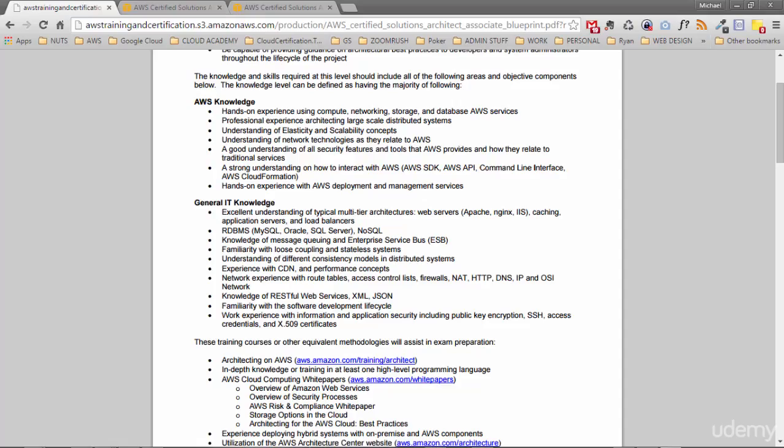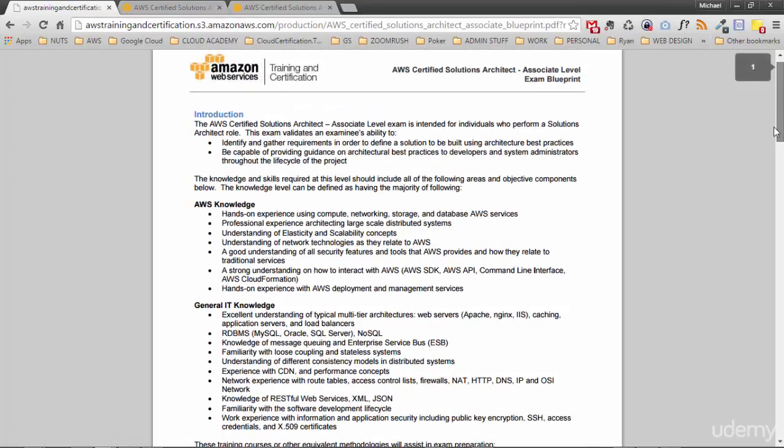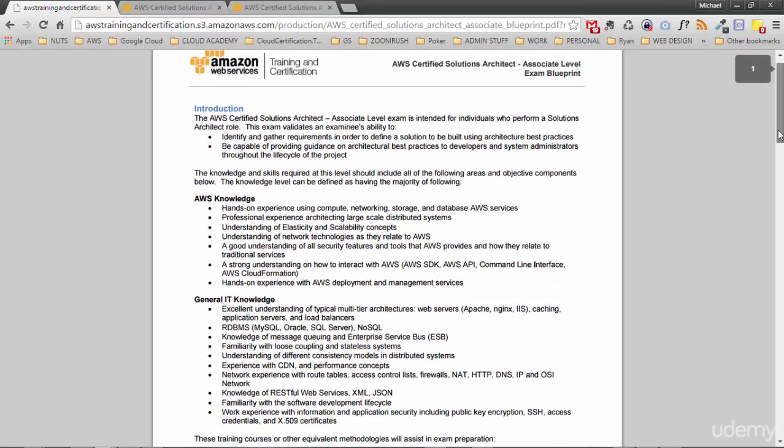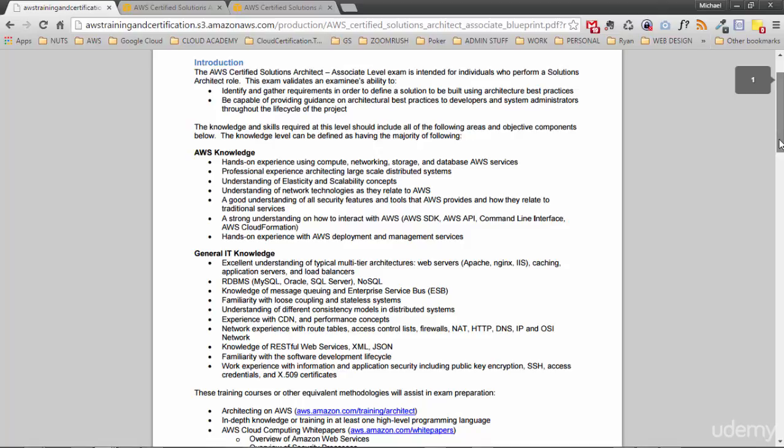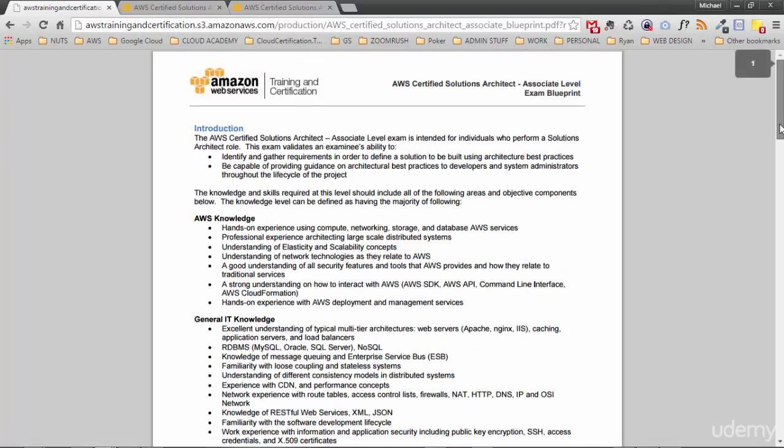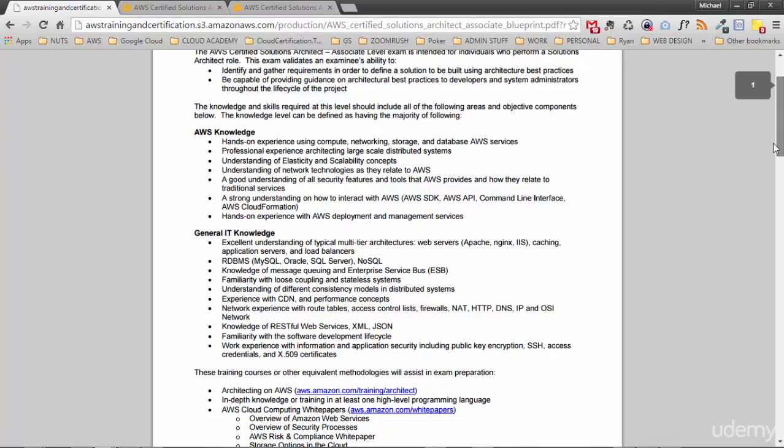Before we go on into the course proper, there's just one other thing I'd like to bring to your attention. I've gone back to the blueprint from AWS, and sometimes it can be just as important to know what not to study as it is to understand what you should be studying.